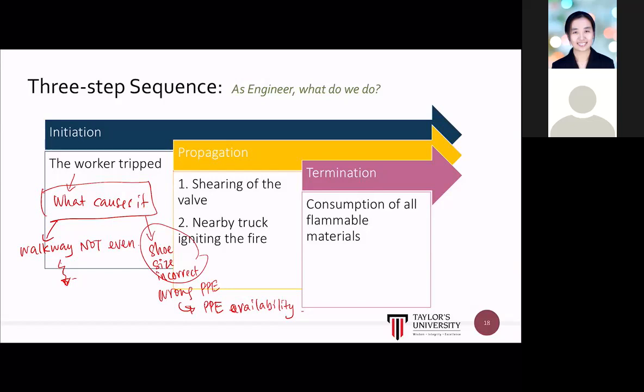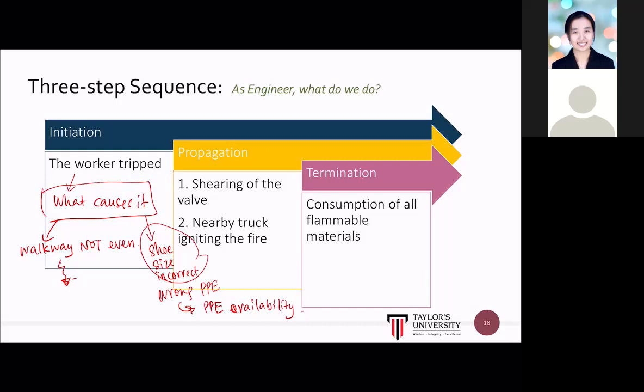Things that we cannot control, like if the person is born clumsy, no matter how flat the floor is, they will still fall. Then maybe you may want to send the person to training on how to walk mindfully. But again, as I said earlier, we can't eliminate all the risks. What we can do is reduce it to a minimum.